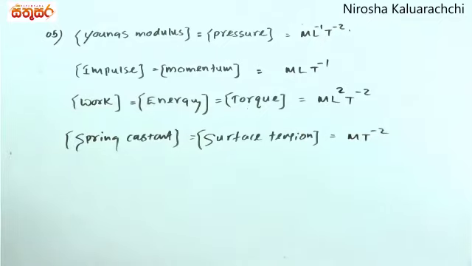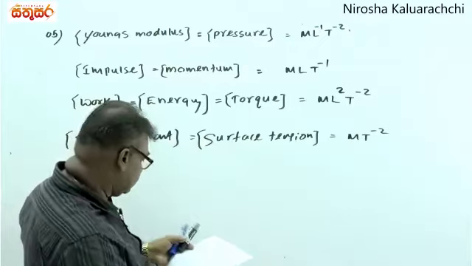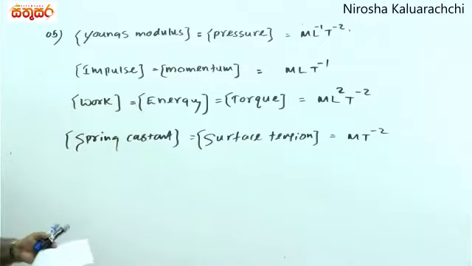Right, checking the last one. Check for the dimensional validity of the expression H equals K sigma, where H is rise of liquid, sigma is surface tension, rho is density, radius is r, g is gravitational acceleration, K being a dimensionless constant, right?